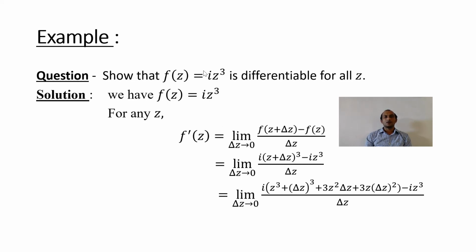Now putting f of z is iz cube, f of z plus delta z is i into (z plus delta z) whole raised to cube, minus f of z which is iz cube, upon delta z. Now expand this (z plus delta z) cube. So we get z cube plus delta z cube plus 3z square into delta z plus 3z into delta z square, minus iz cube upon delta z.